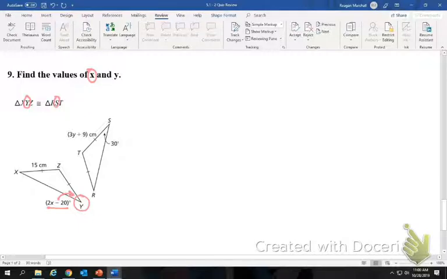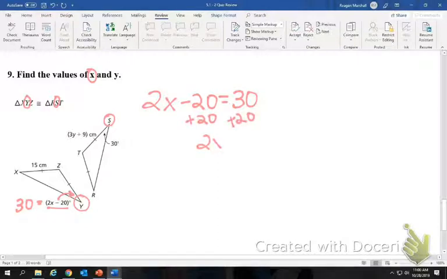Angle S. And the measure of angle S is 30, so that means the measure of angle y is equal to 30 as well. So we'll set up that equation. 2x minus 20 equals 30. Are we all okay with this? What do we do next? Add 20. 2x equals 50, so x equals 25.